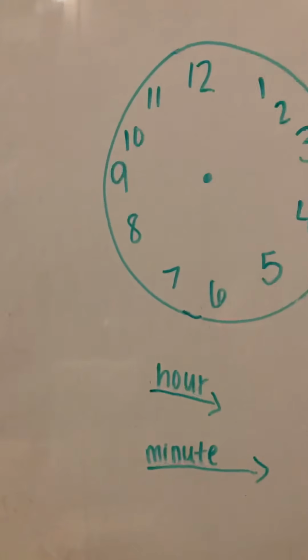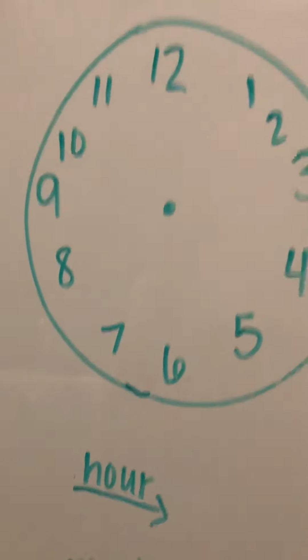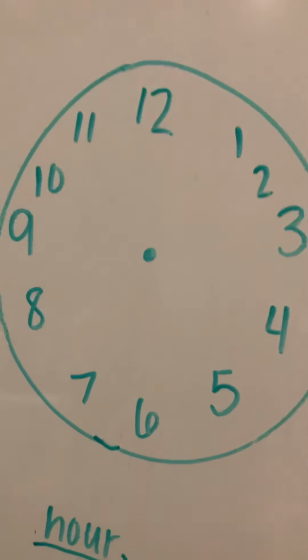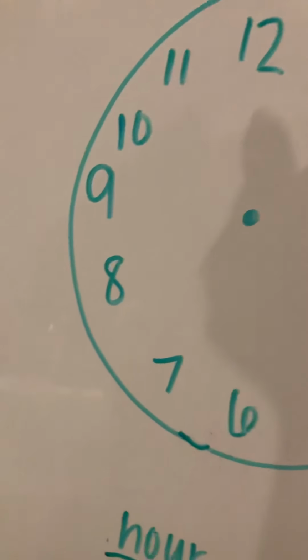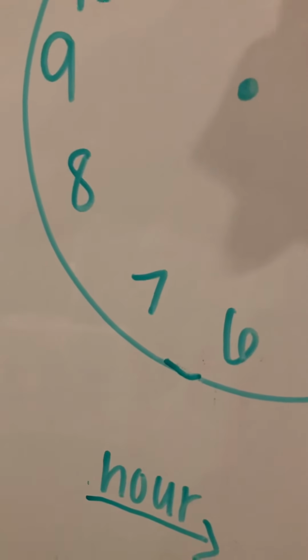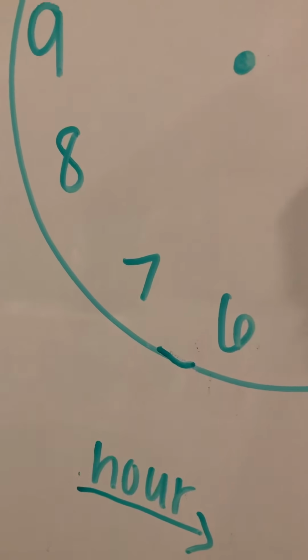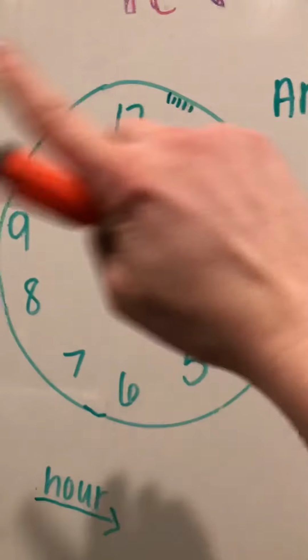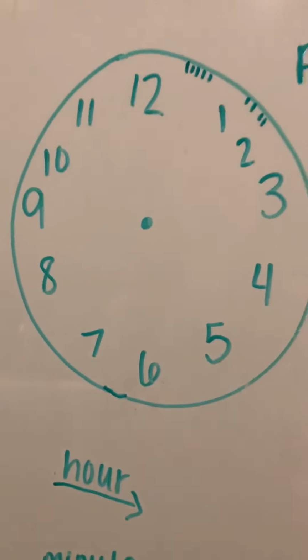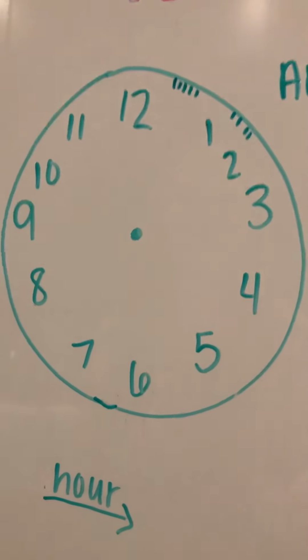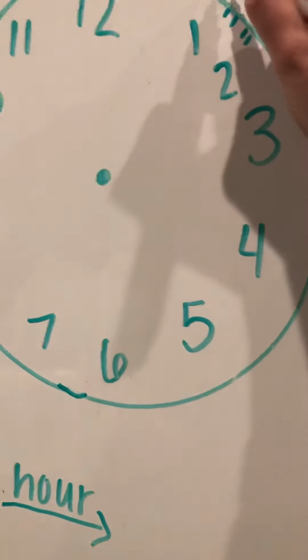But before we put any hands on our clock, I want to talk about the minutes on our clock. So on our clock, in between, there's these little tiny lines that you guys typically see. And it goes all the way around the clock. And when we count our minutes on our clock, we're going to be counting by fives, starting at our 1.